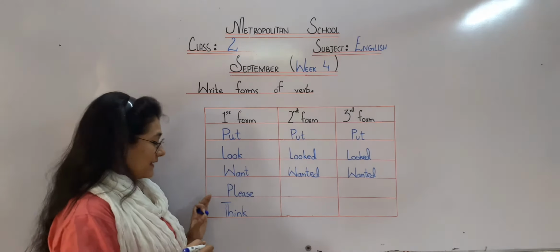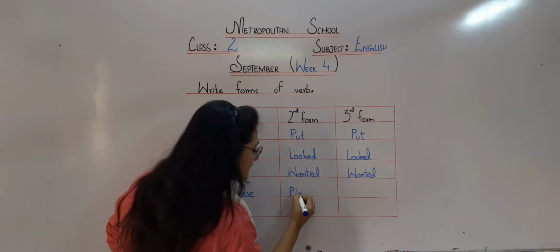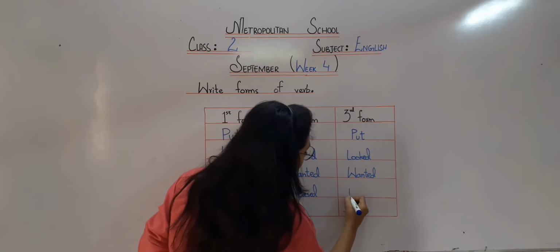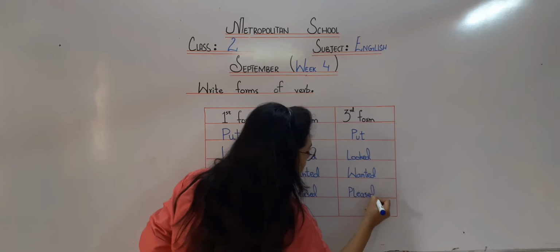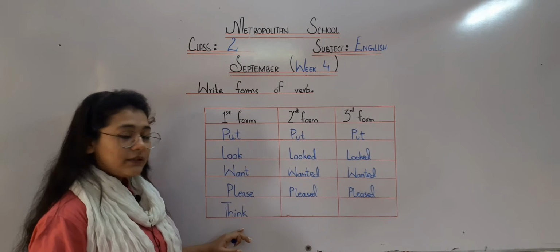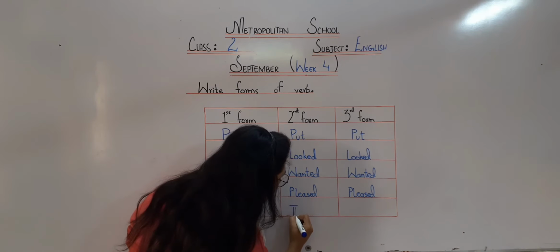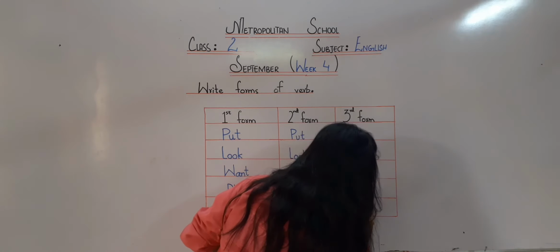Then please, the second form of please is pleased, and the third form will remain the same as the second form. Then think, the second form of think is thought, thought.